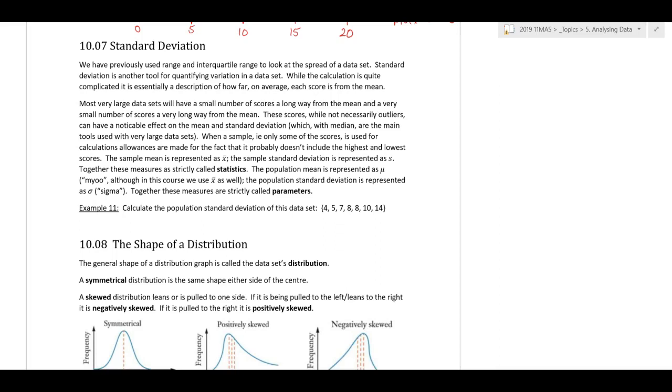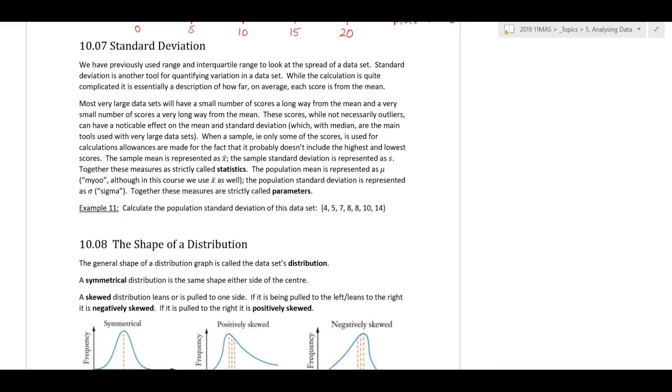That's only a sort of rough idea of what it relates to, but if we get the idea that the standard deviation will be measured in the same units as our data, and that it tells us how much variation there is within that data set, that should give us a reasonable idea of how to apply this measure. How to calculate it? Well, doing it manually is quite complicated.